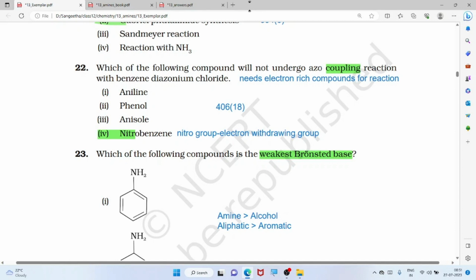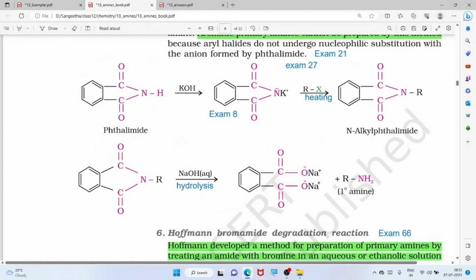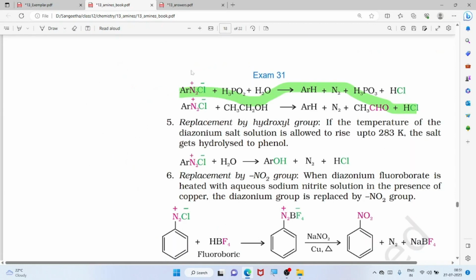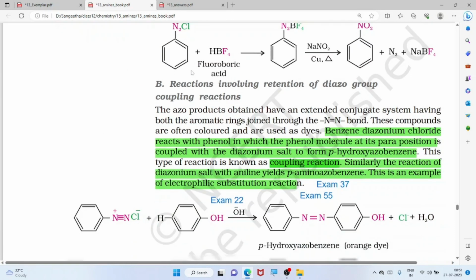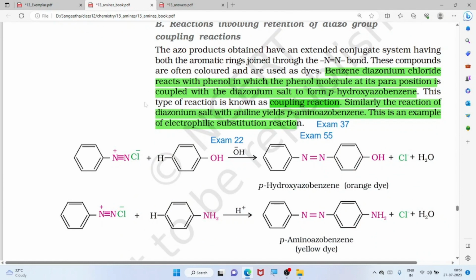It needs an electron rich group for that. This is the coupling reaction. So this benzene diazonium chloride needs an electron rich component for this coupling reaction.